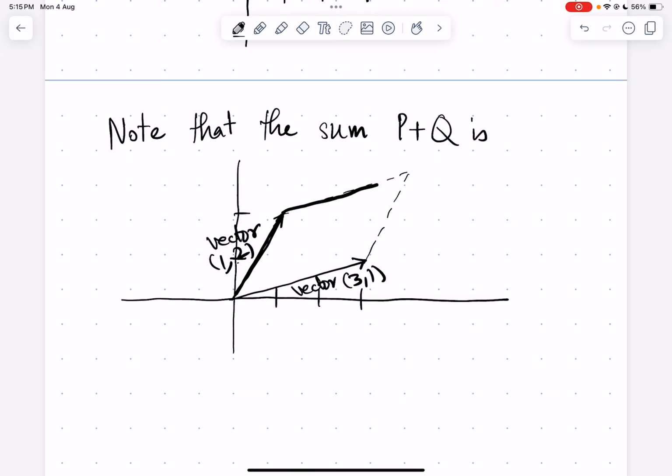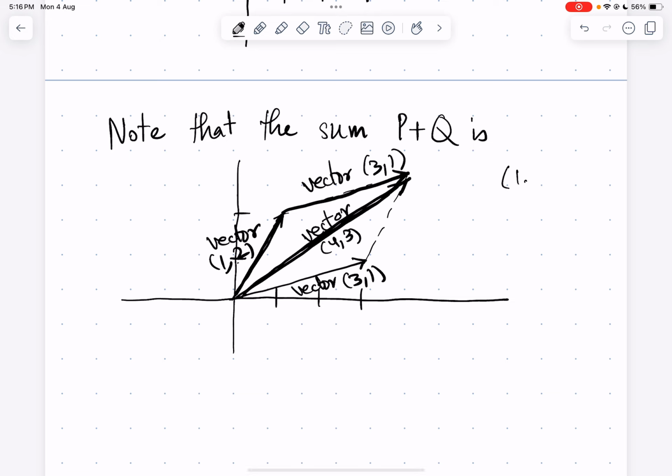So this vector is also 3 comma 1, and addition of the 1 comma 2 vector and the 3 comma 1 vector gives the vector 4 comma 3. So this is the geometric interpretation of the addition of these 2 points, 1 comma 2 and 3 comma 1. 1 comma 2 plus 3 comma 1 is 4 comma 3.